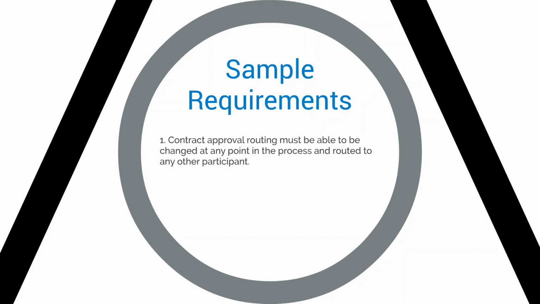There might be a default route in place, but if they want to change it and say send it to finance for a review or legal for an extra review, they're able to do that at any point in the process. That's something we'll be able to test as we go through our development, and prove at the end, and if it's not there, then we can go back and revise it so that it is.